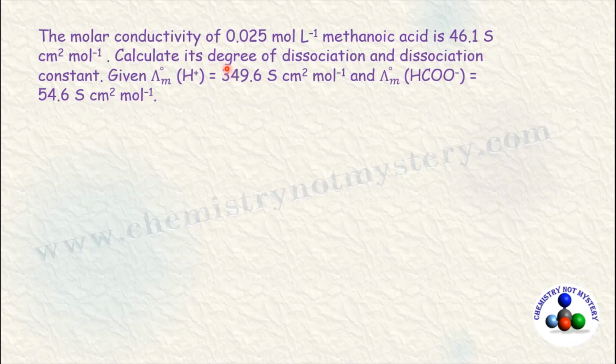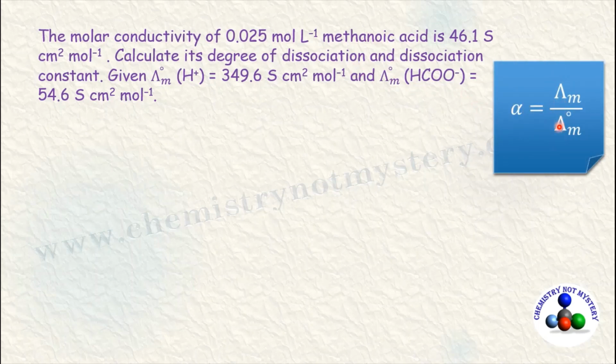Here we have to calculate degree of dissociation. It is equal to lambda m over lambda m naught. Lambda m of methanoic acid is given, 46.1 Siemens centimeter square per mole. And the value of limiting molar conductivity of H plus ion and HCOO negative ion is also given.